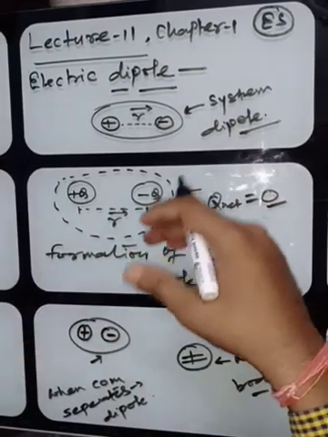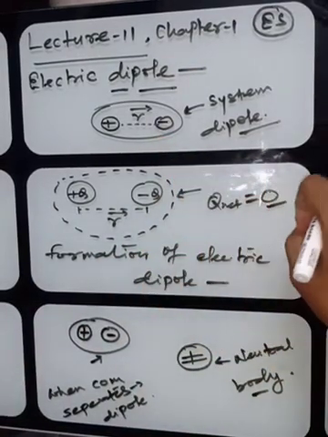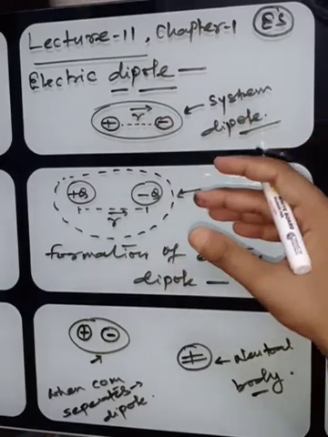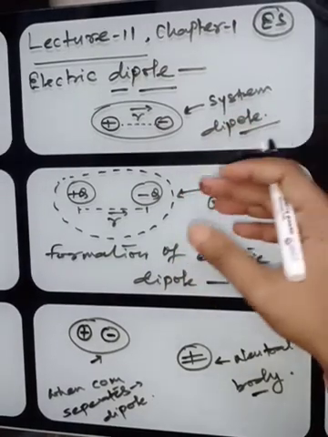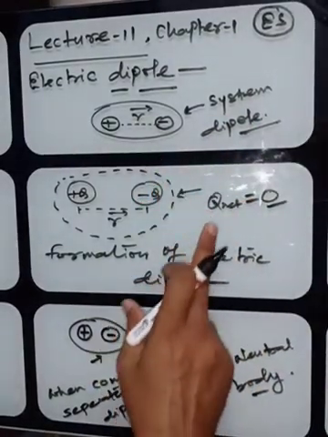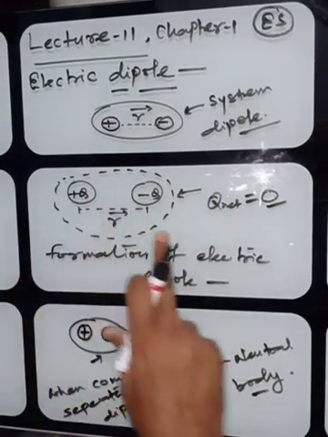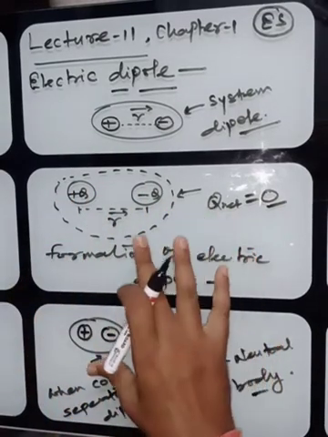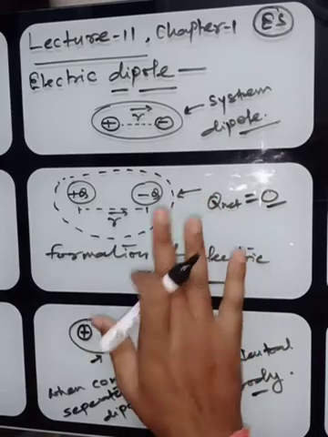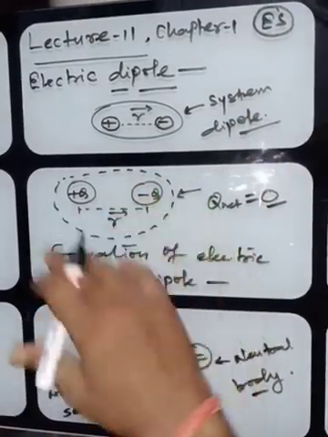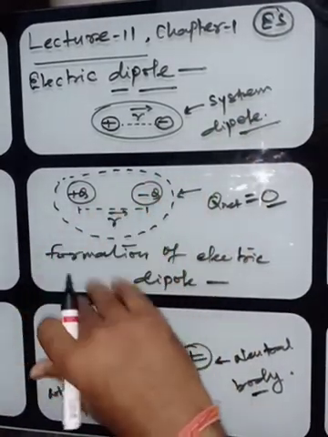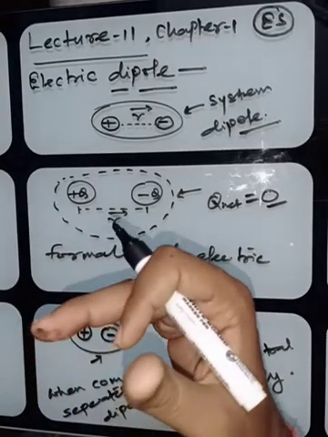If you are asked, you can give this answer. Now students, I'll leave a question; try to find out the answer by yourself. As we know, the net charge of a dipole must be 0. Now the question is: can we have a net electric field of 0 at any point around this dipole, in between the dipole, anywhere?